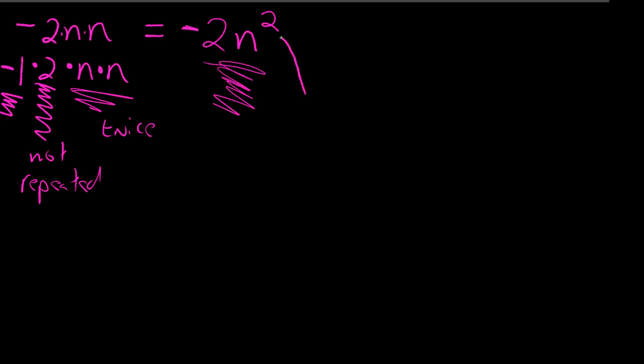So notice that has an even exponent. Even exponents are always positive. So whatever I put in for n, -18, -1, 5,000, 1, it will always be a positive value. And so a negative number times a positive, this will always be negative.